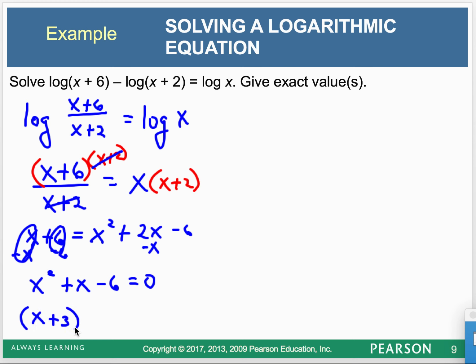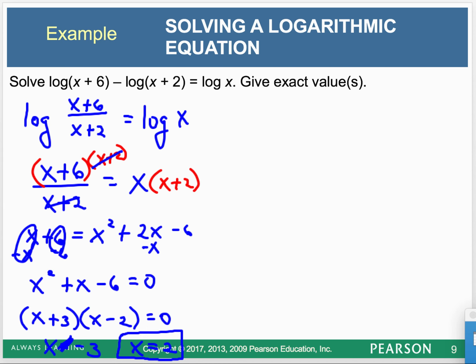So plus 3 and minus 2. So we know x equals negative 3 or x equals 2. Now, before I box them, I have to check my answer. Oh, negative, I can see right here, that's not going to work. 2 is okay here, and 2 plus 6 and 2 plus 2, those are all positives. So my only answer is x equals 2.